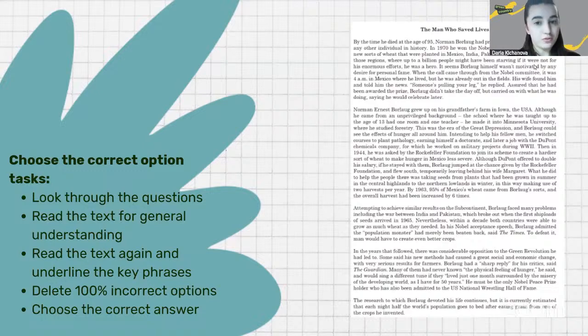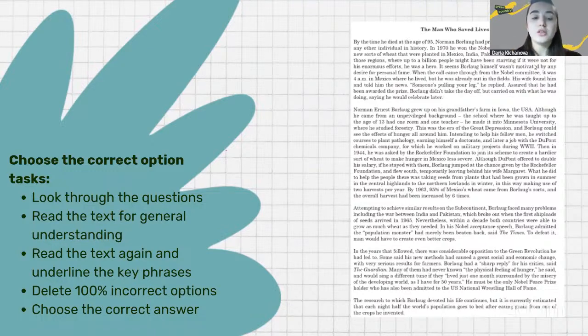So first of all, we are reading the questions. We are reading what the author of NMT wants from us, what we need to have in this text. Then we just need to read the text for general understanding. You will ask, why do you need this? You said you need questions, then you need to read the text again.